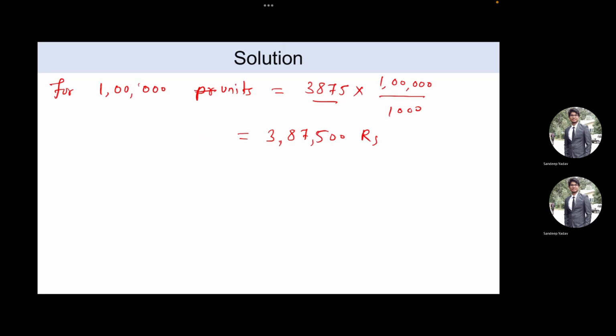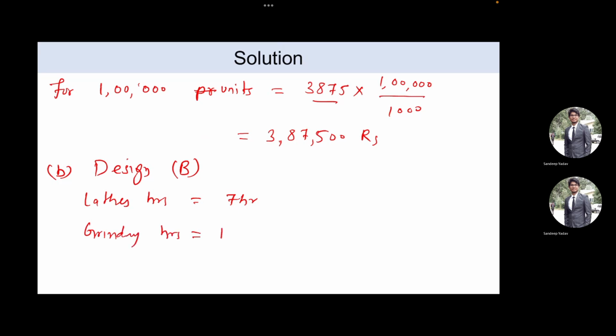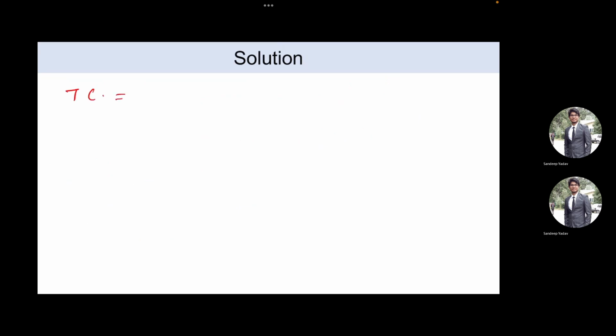Similarly, if we calculate for case B, design B, the lathe hours is given as 7 hours, and the grinding hours is given as 12 hours. Now we can calculate the total cost. That will be 7 into 200 plus 12 into 150.